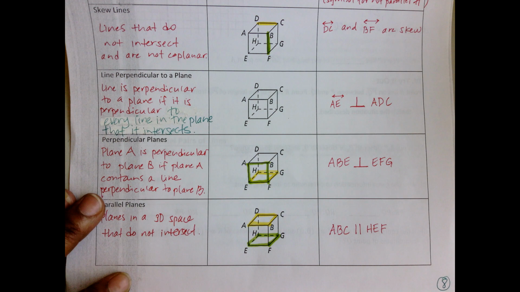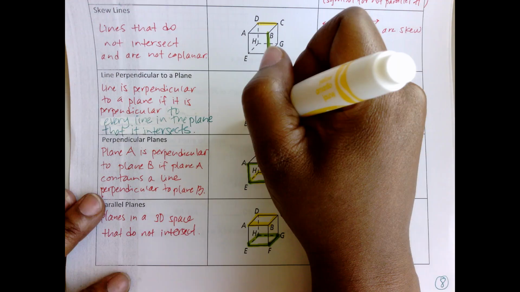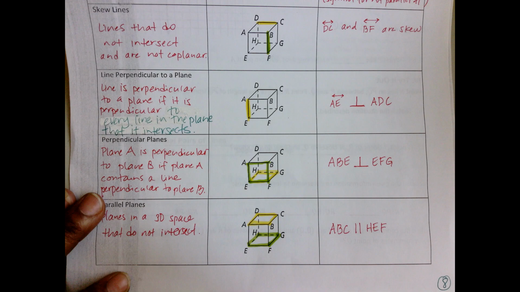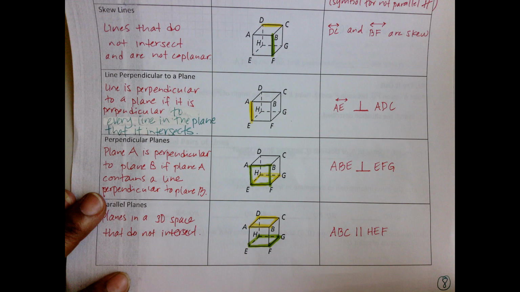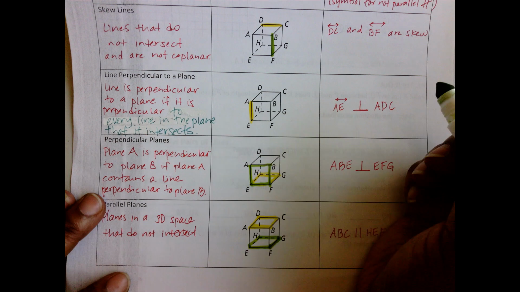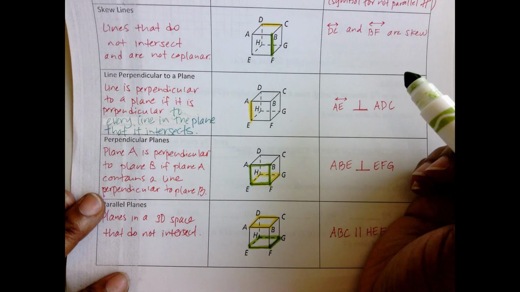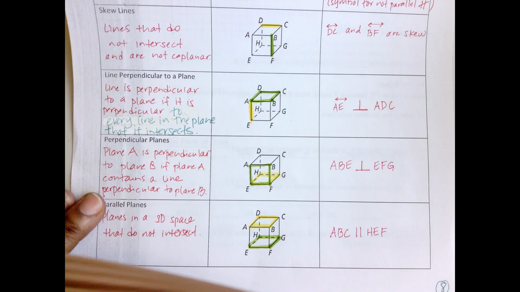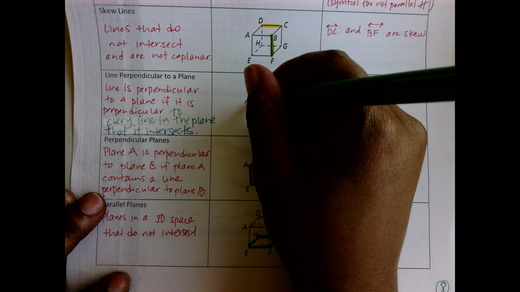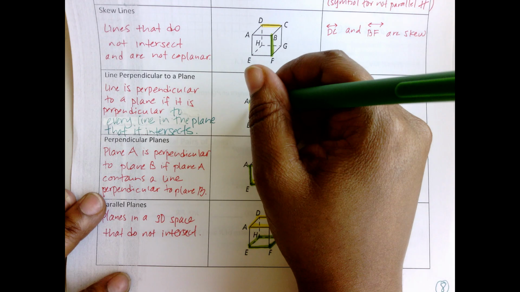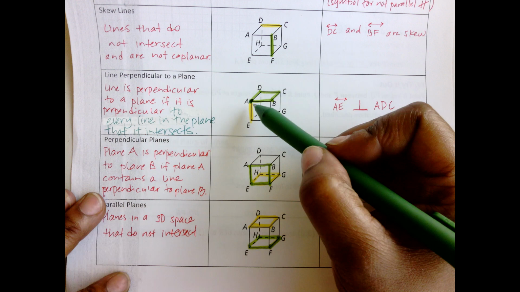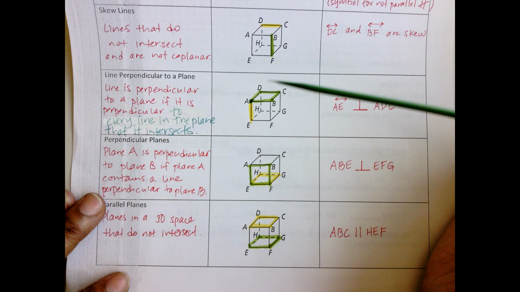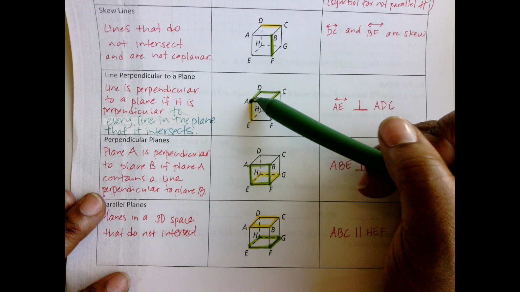So if we look at line AE, it states here that line AE is perpendicular to plane ADC. And plane ADC is right here. And it has a point in common, not a whole line, but it also is perpendicular. AE is perpendicular to this plane.